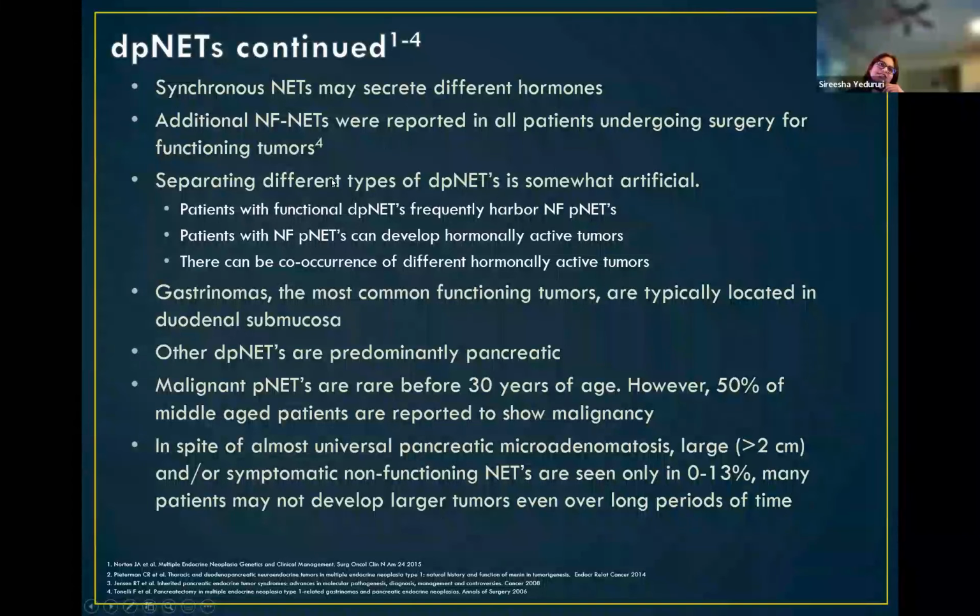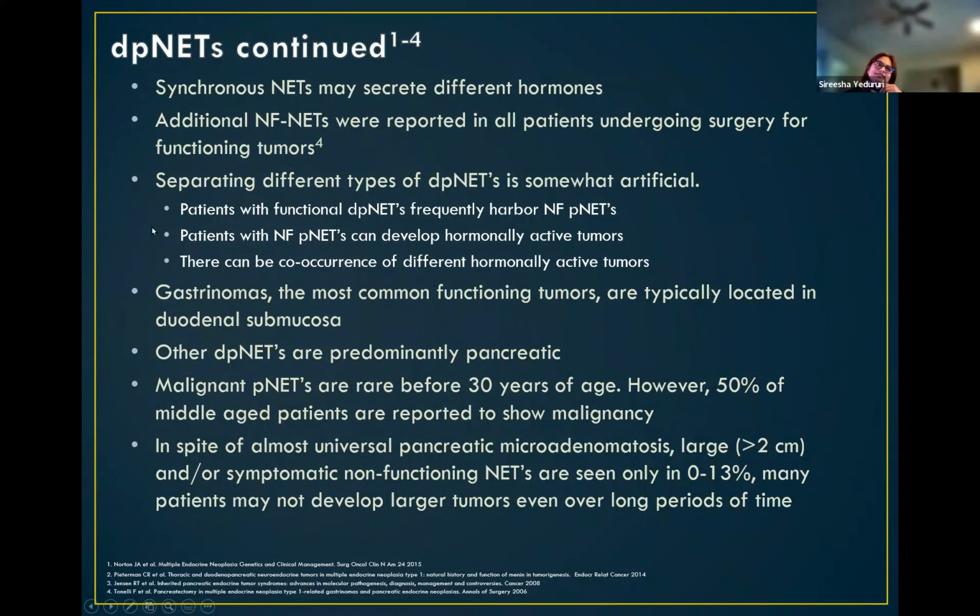Separating them based on their output is also somewhat artificial, because patients with functional tumors frequently also harbor non-functional tumors. Patients with non-functional tumors can develop hormonally active tumors. And there can be co-occurrence of different hormonally active tumors.